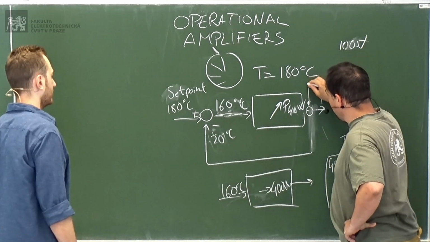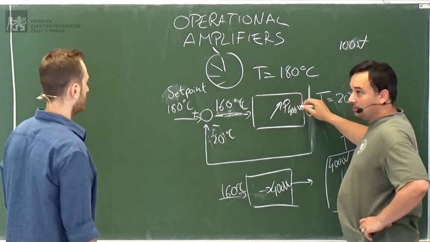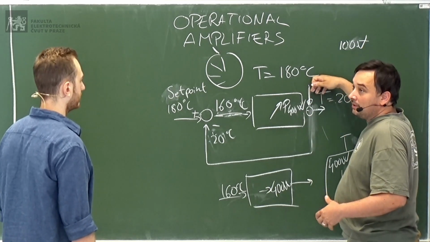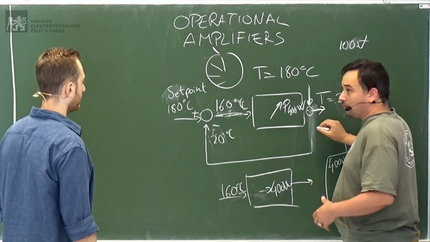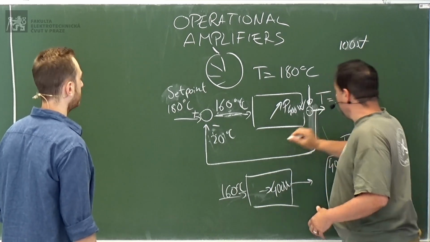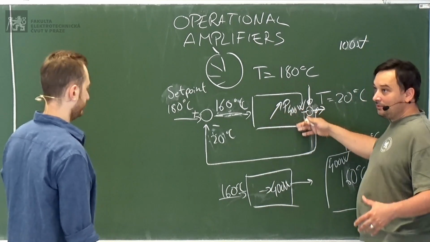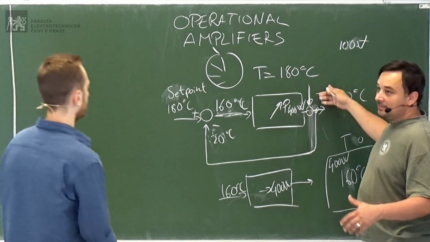You can have some disturbance, so you can say, okay, this is what you give here, but then there is some external cause which changes the temperature that you achieve. So you should always consider what you give plus some external causes.